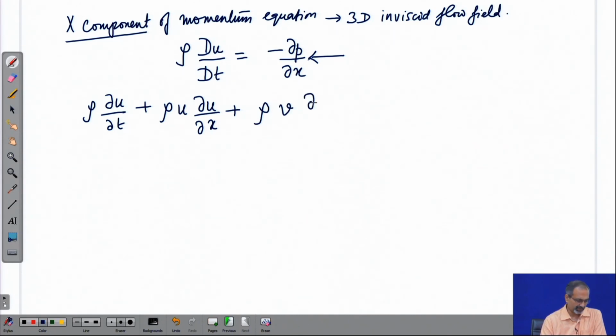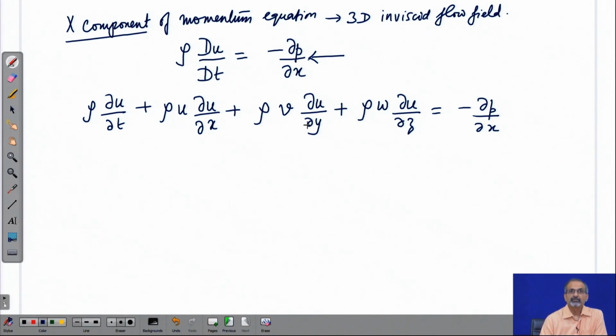We know the operator, and that operator is now applied on u. So, based on that, the local derivative and the convective derivatives put together give you 4 terms on the left hand side.